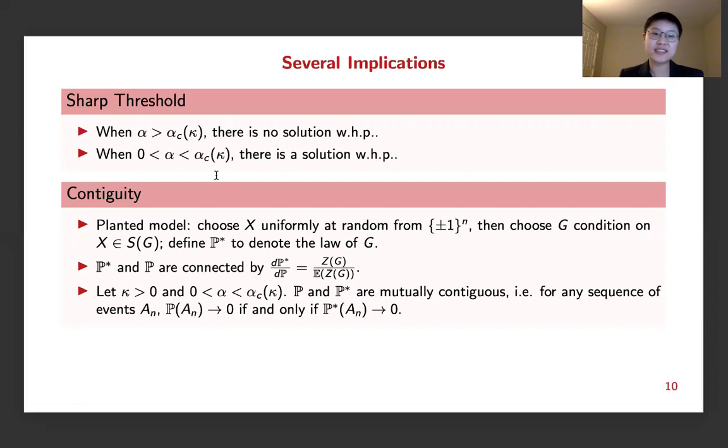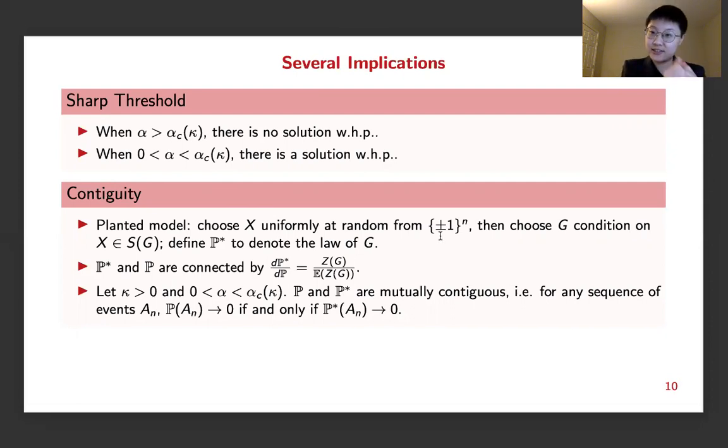So let me first introduce what a planted model is. As the name indicates, you first plant a solution and then construct your matrix. We first choose X uniformly at random from the space of vectors of length n, where each entry belongs to plus or minus 1.